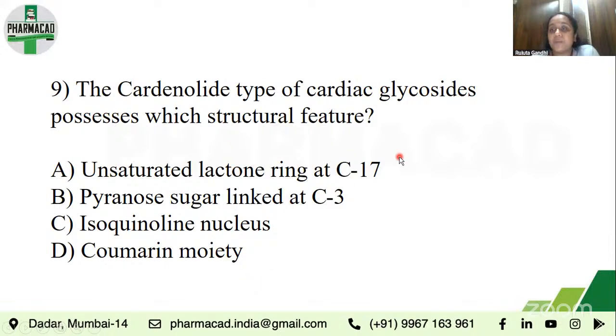इसलिए मैं बोलती हूँ हमेशा जो भी न्यूक्लियस है, एटलीस्ट एंथ्राक्विनोन का, जो फॉर एग्जांपल रीन, एलोइमोडीन, इमोडीन, ये सारे न्यूक्लियस हैं, उसके which you should know. You can also remember one dianthrone structure.